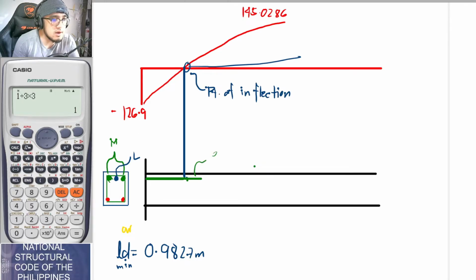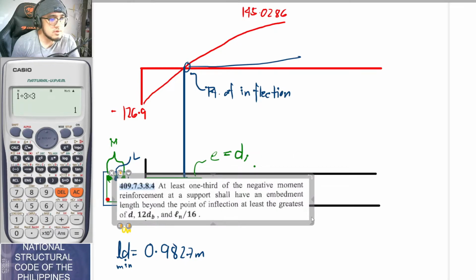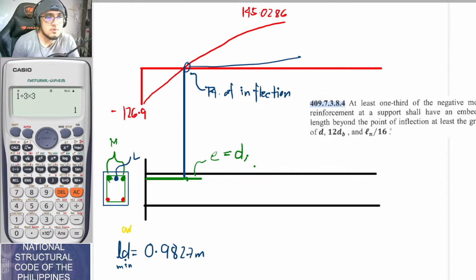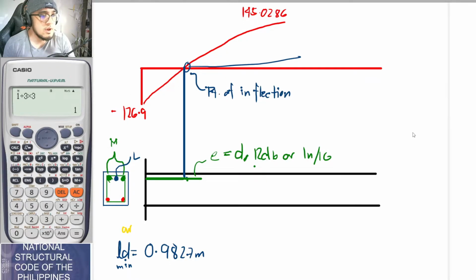So this E here is equal to whichever is greater: d, which is the effective depth of the section, or 12 db, or ln over 16. That is just for the extension.